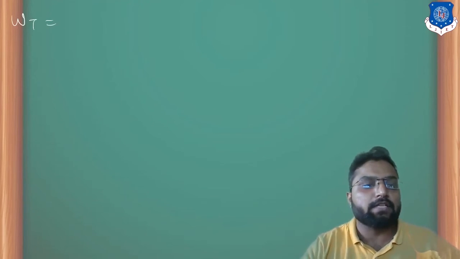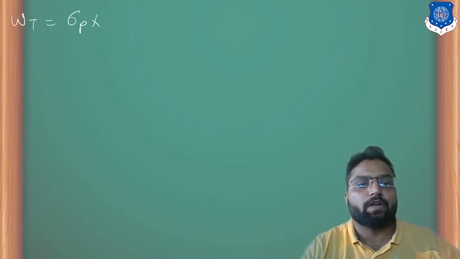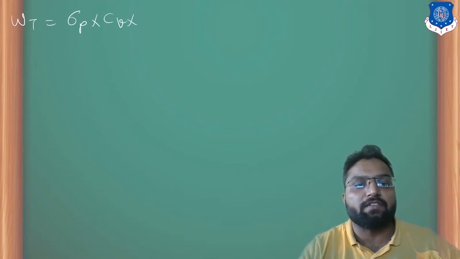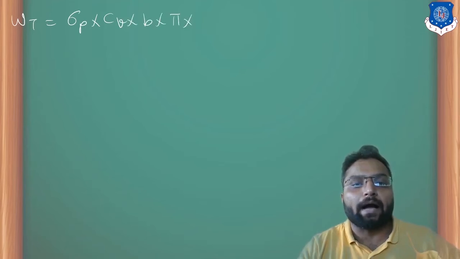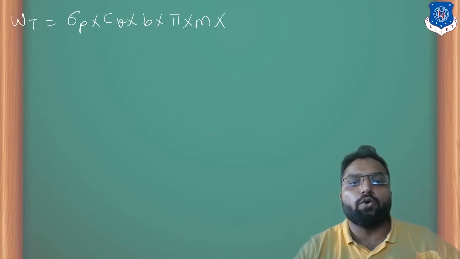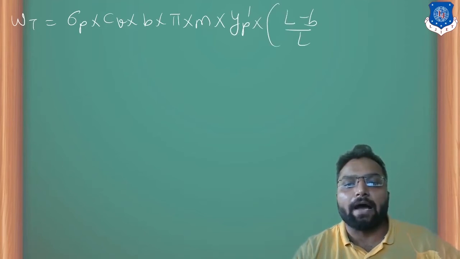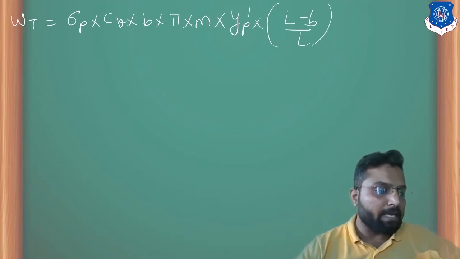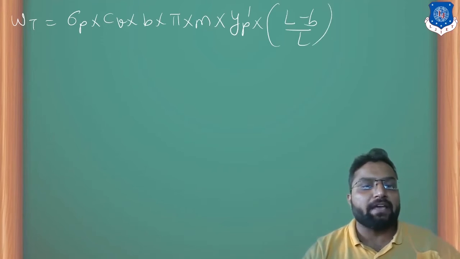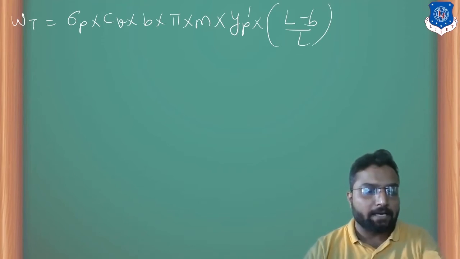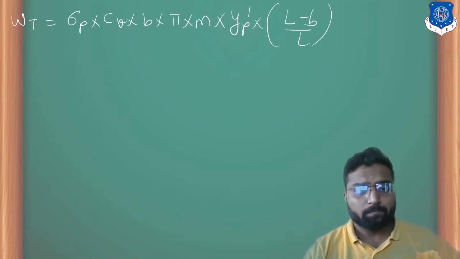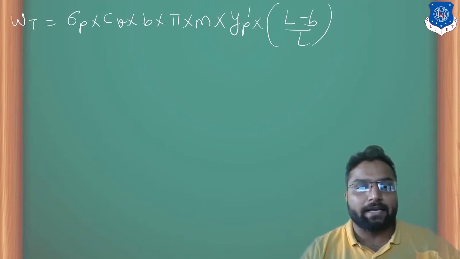Wt is equal to sigma p into cv into b into pi into m into yp dash into L minus b by L. Now we don't have b, so b will be taken for a standard design. b will be l by 3, that is, slant height divided by 3.